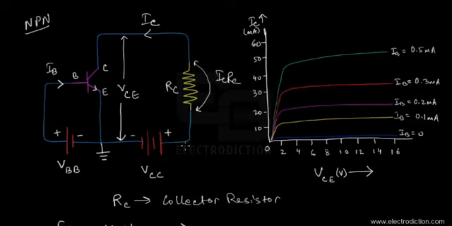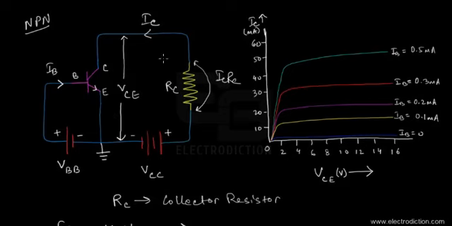It's just a constant voltage source. So for a given voltage source applied to reverse bias the collector junction, for a particular value of collector current drawn by the BJT, there would always be a corresponding collector to emitter voltage drop across its collector and emitter terminals.